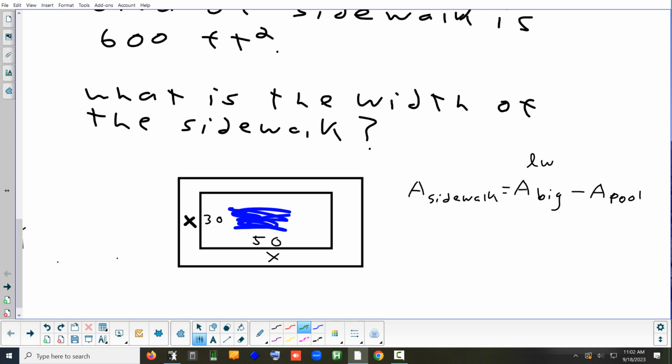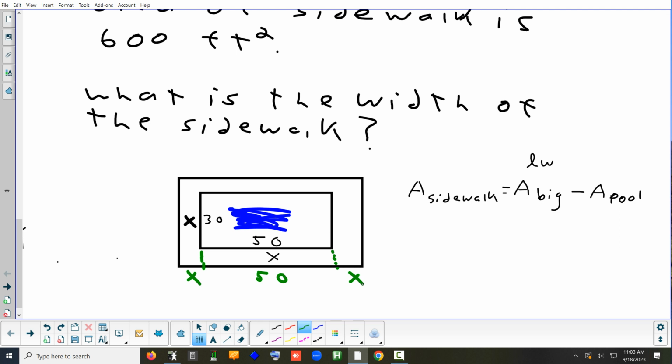Okay, that part's 50, from there to there. How wide is this part on the end? We don't know, but how did we represent it? X. And how wide is this part on the end? X. That's the other end of the sidewalk.